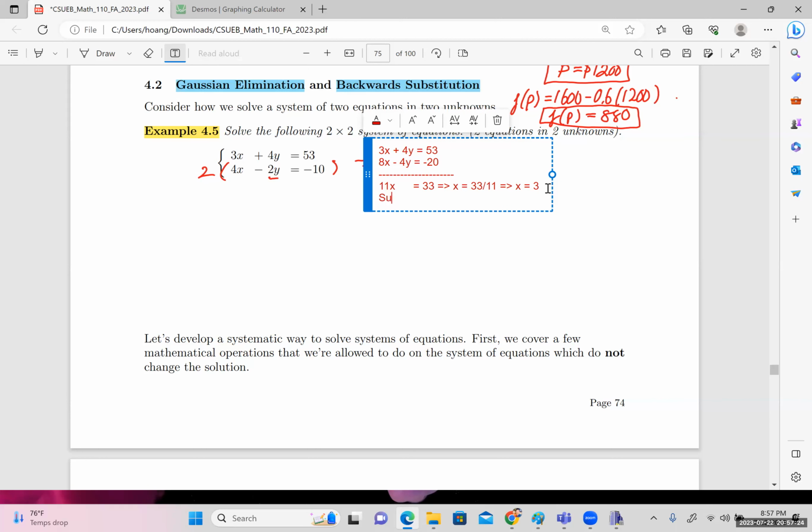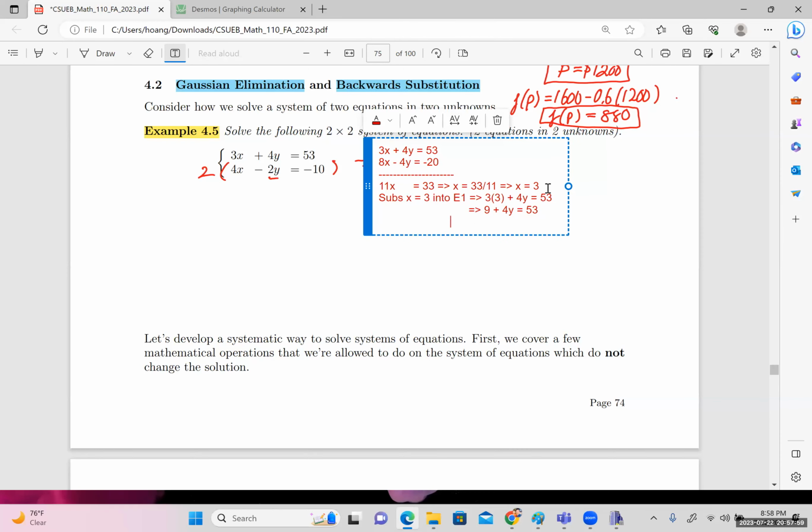We're going to substitute x equal to 3 into any original equation. Let's choose equation 1. We have 3 times 3 plus 4y equal to 53, right? So we will have, simplify, 9 plus 4y equal to 53.